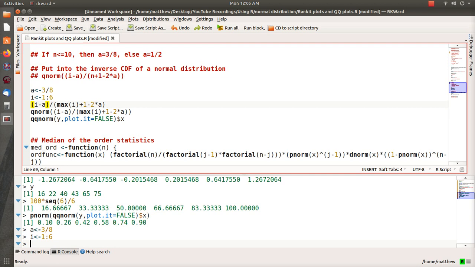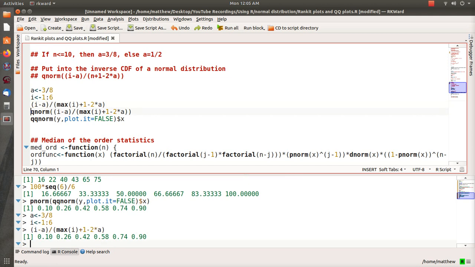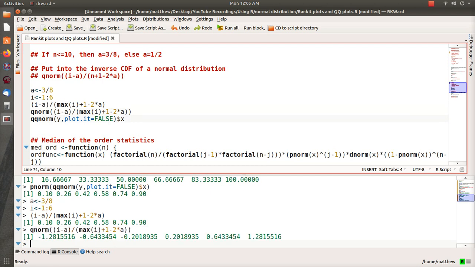And then I put them into this formula, and look what it produces: 0.10, 0.26, 0.42, and etc. And then let's put those quantiles in the qnorm, which is the inverse CDF. So it takes those quantiles and pops out a Z value for them, which is this.